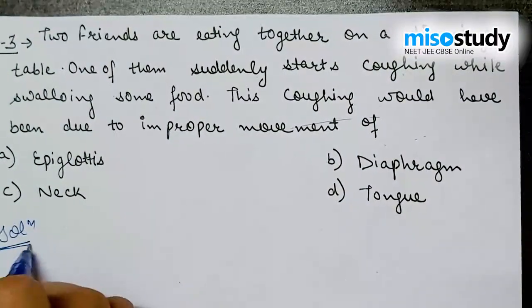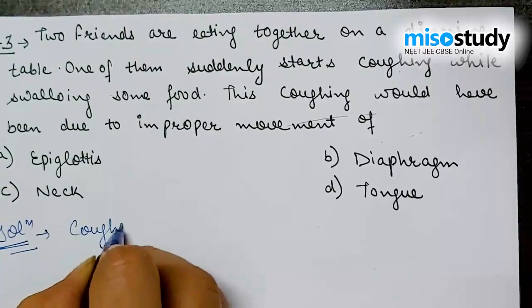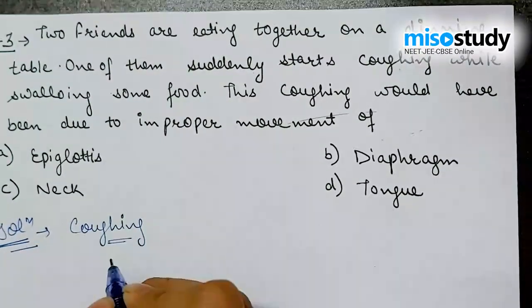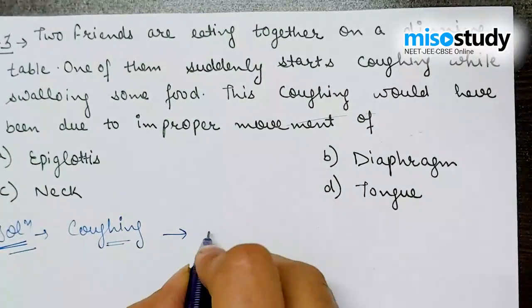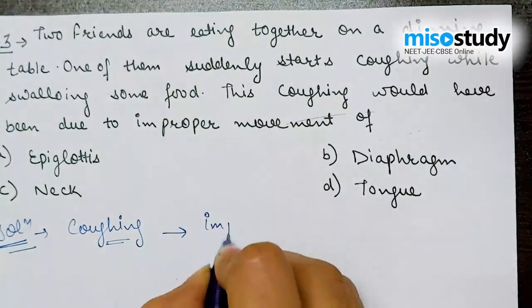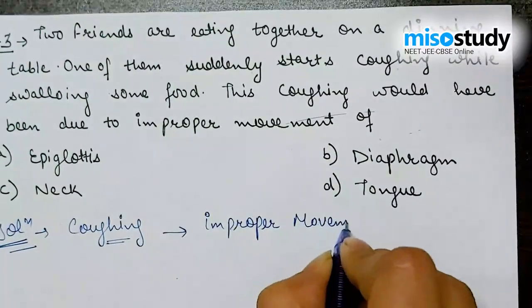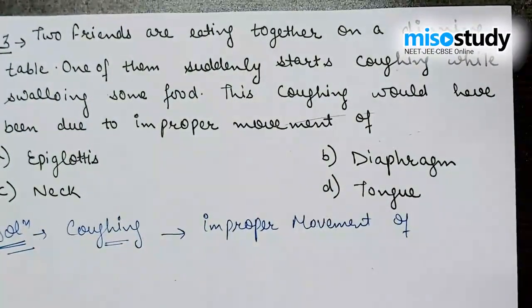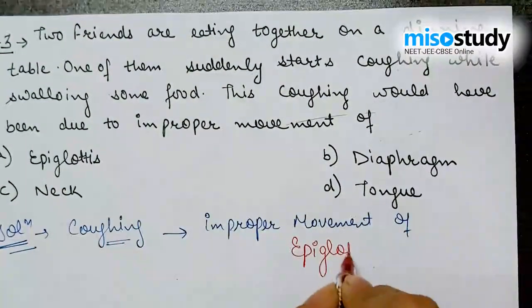The coughing would have been due to the improper movement of epiglottis.